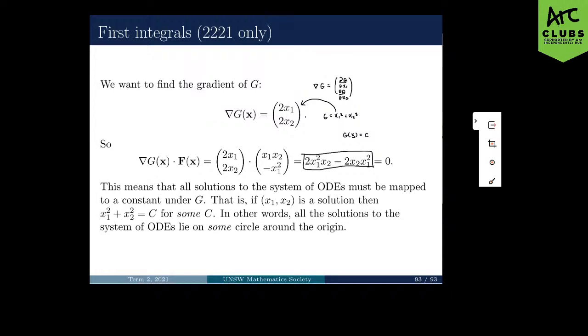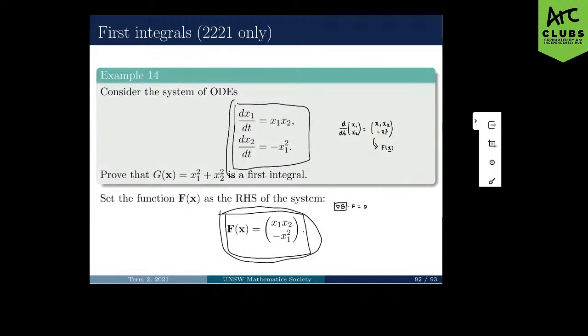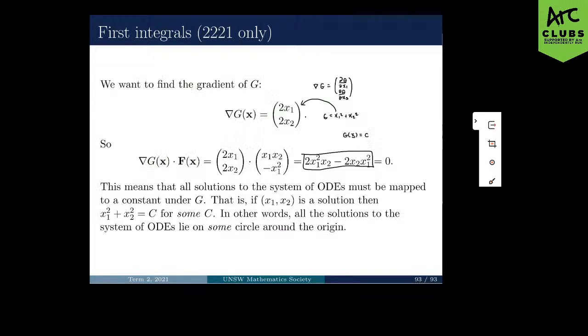And geometrically, this is nice because it tells us that any solution to this system of ODEs must lie on some circle, because x1 squared plus x2 squared has to be a constant, and so the trajectory must lie on a circle.